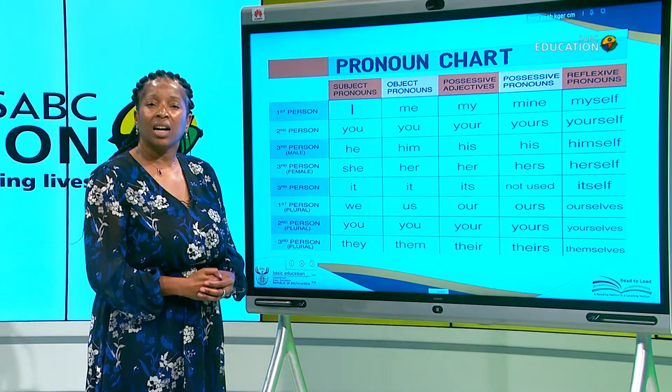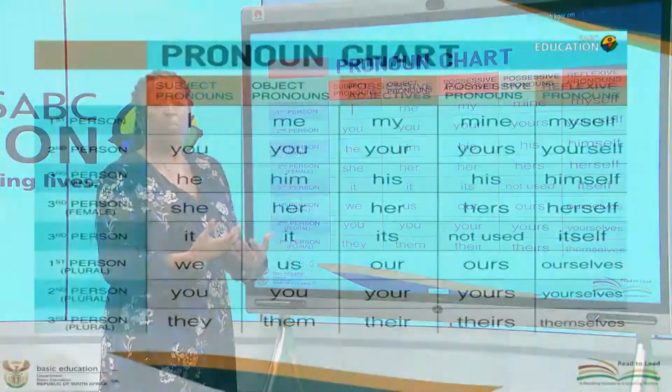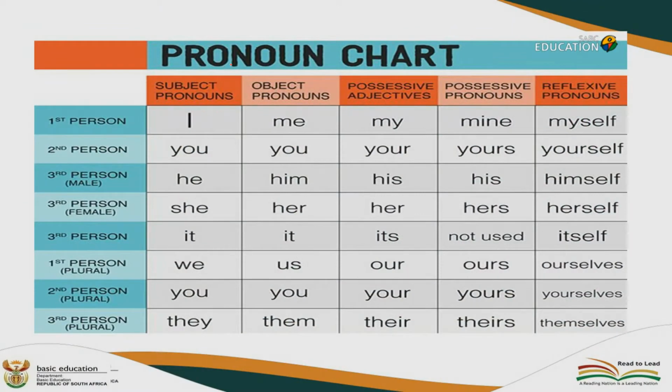There are different types of pronouns. Personal pronoun, reflective, reflexive, possessive. They come in different persons. The first person, I, is a personal pronoun. And then we have a second person, you, which is also a pronoun.